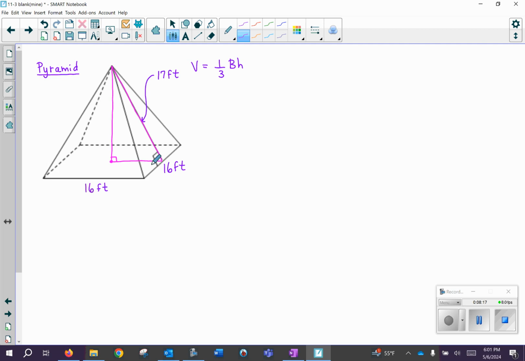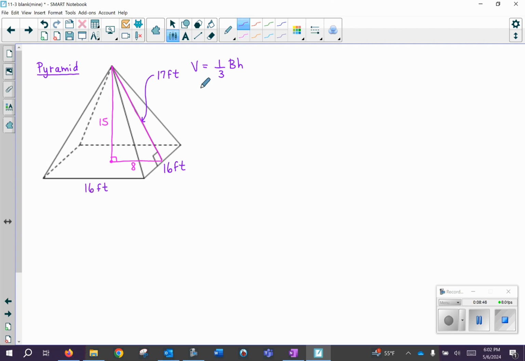I claim you also know this length, because it goes from the center of this square out to this edge. This line is parallel to both of those sides, so isn't it exactly half of this side? It would just be 8 feet. And now, reducing triples, Pythagorean theorem: 8 and 17 don't reduce, but they are a triple. 8, 15, 17 is that triple.